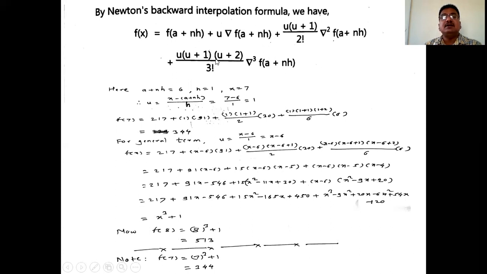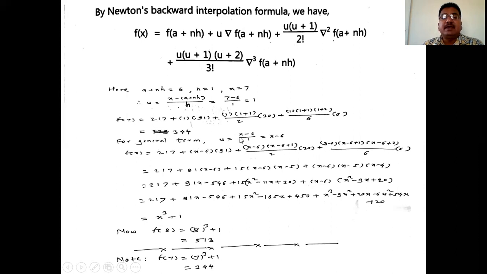That is, just use x is equal to x in this formula, because we have to find the polynomial which fits the given data. Here x was equal to 7 because we had to interpolate, to find the value of f(x) at 7. But here we use either the forward or backward difference formula and substitute x is equal to x.